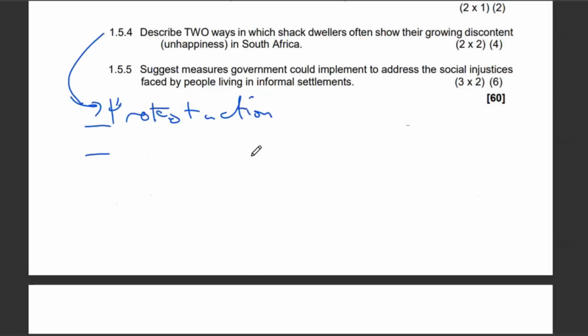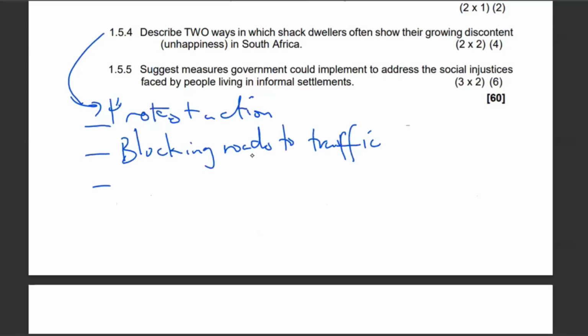Then we can also look at how it can get to the extent of blocking roads to traffic. In some instances, they will block some routes such that traffic cannot pass as a way of showing their discontent.